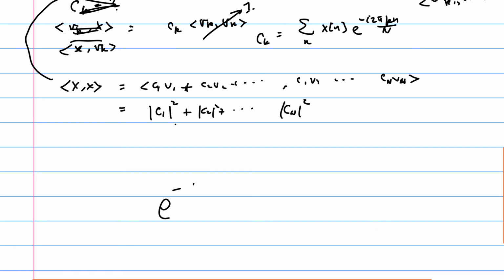It's exponential j 2 pi k n over N. I have n here, I have x[n] here. Because it's real, if I change this frequency from k to N minus k, the only difference will be the sign will change, right?